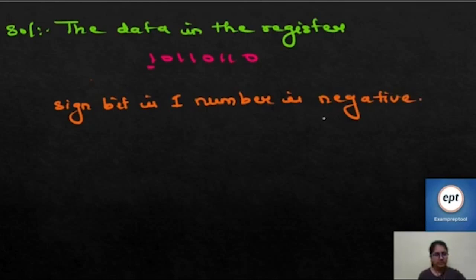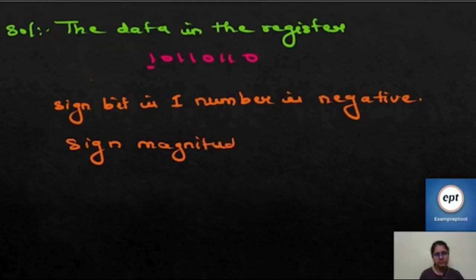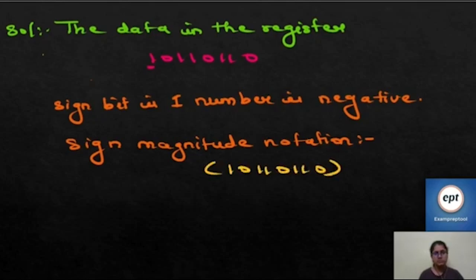Then if we see the sign magnitude notation, it will be 1 0 1 1 0 1 1 0, which is 54, but here the first bit is 1, so that's why it will be minus 54, and it will be equivalent to base 10.